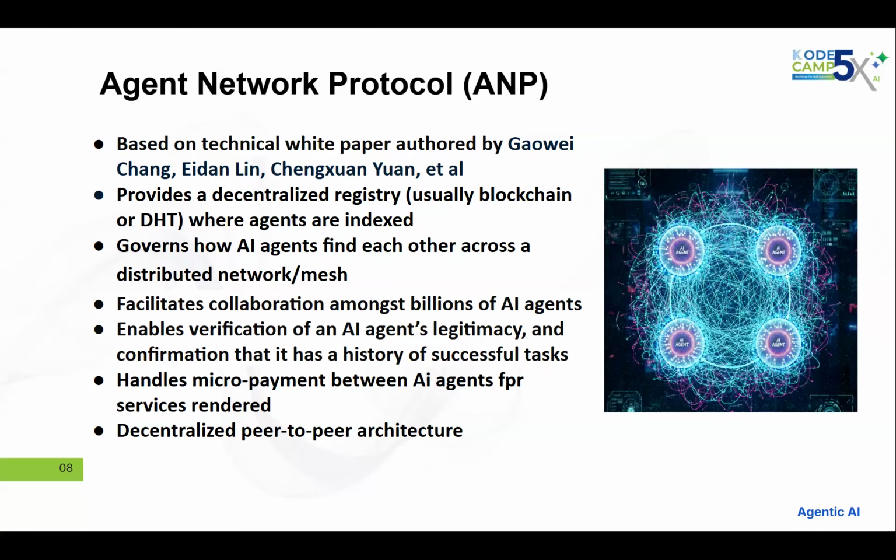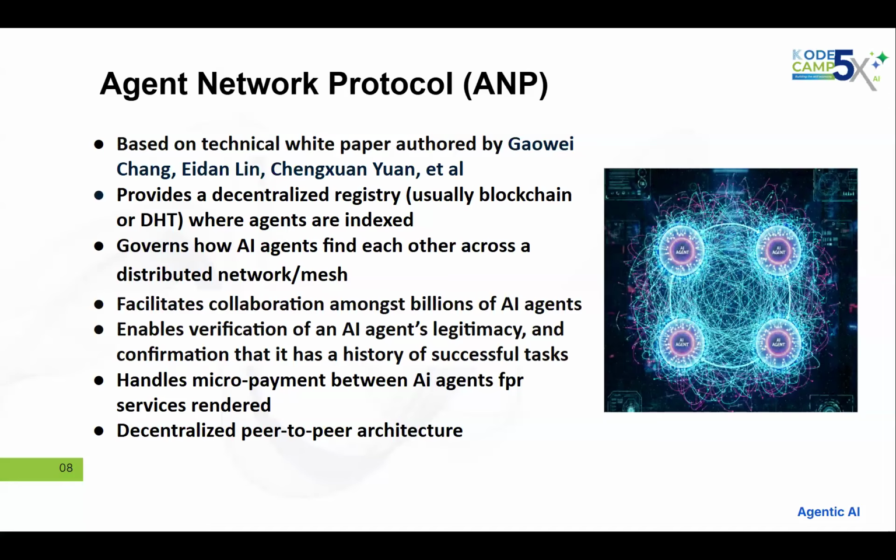Now, ANP governs how agents can find each other across a mesh, a distributed network. That's essentially what I described earlier. It facilitates collaboration among billions of agents. If they are indexed on this decentralized registry, it's easy to find an agent that has some required capabilities.